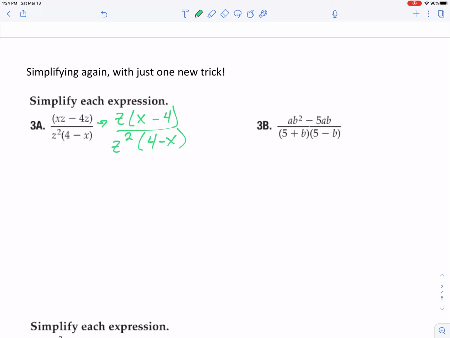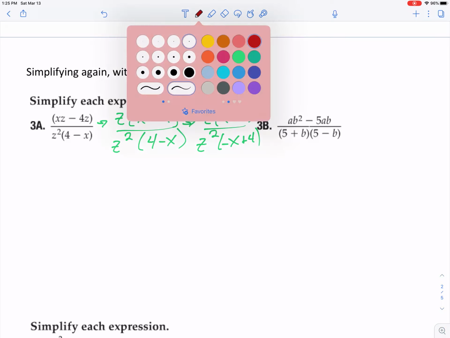If I try to rewrite them where x is first on both of them, I can see that they're still not exactly the same, because that would be negative x plus 4. But I notice that the negatives on both parentheses are just completely flopped. So what if on the top, instead of taking out a z, I had taken out a negative z?